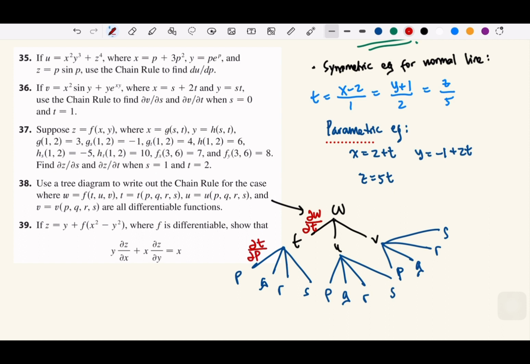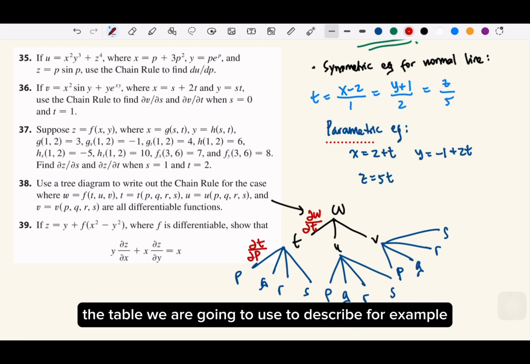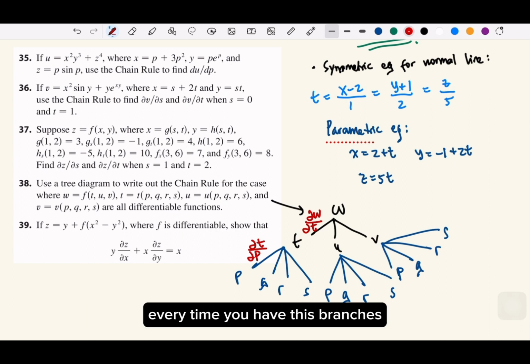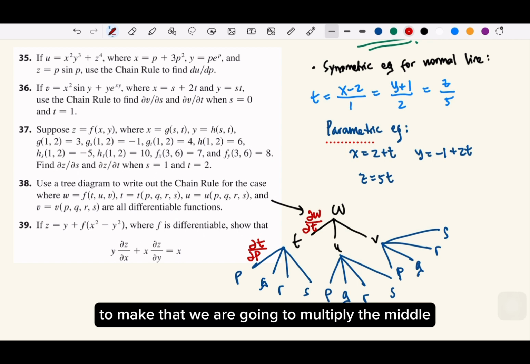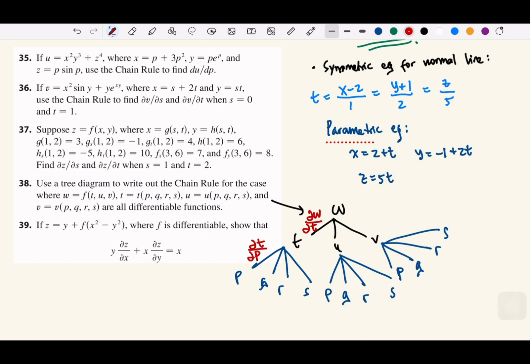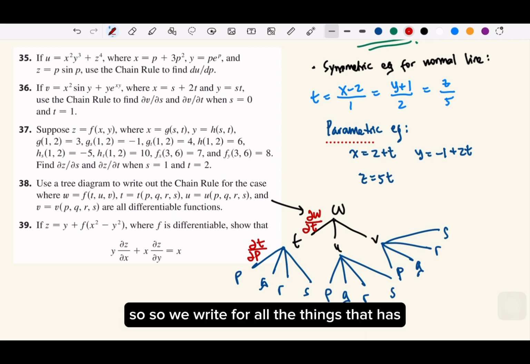So for the chain rule, every time you have these branches, the chain rule is actually the first and the last, and to make that, we multiply the middle. Okay? So look here.